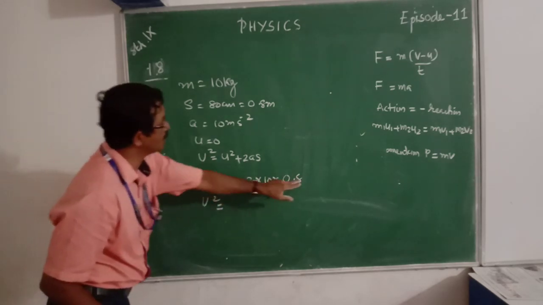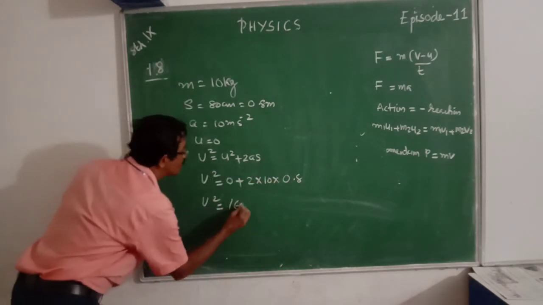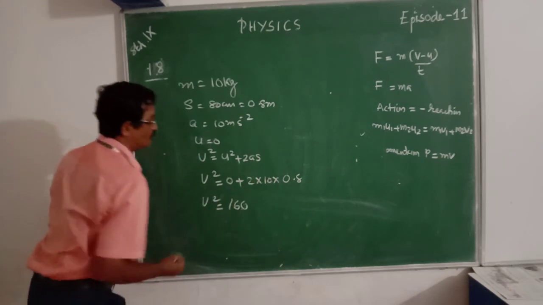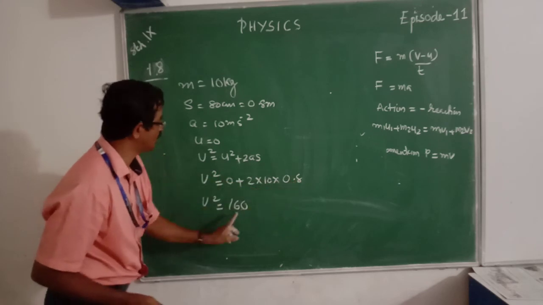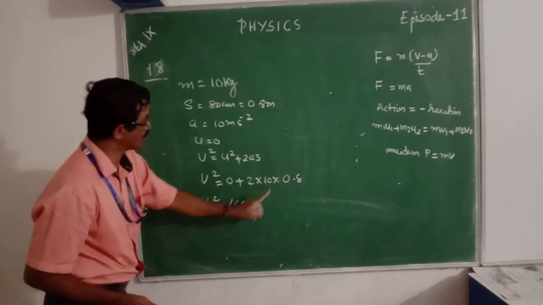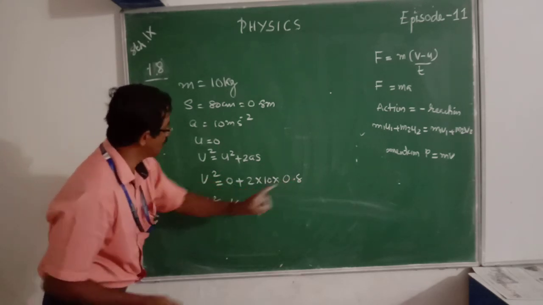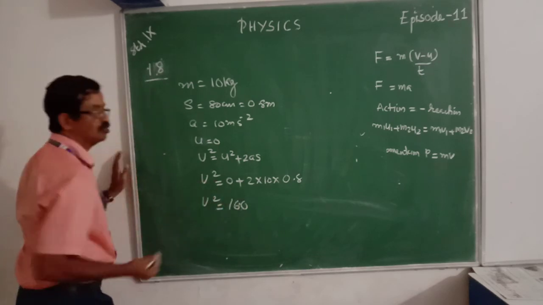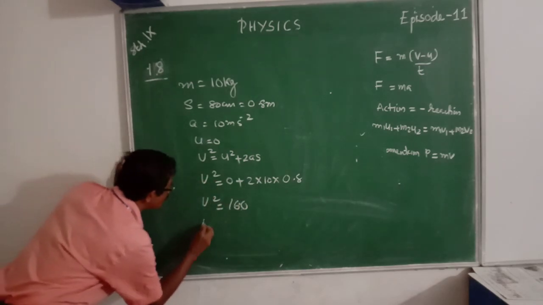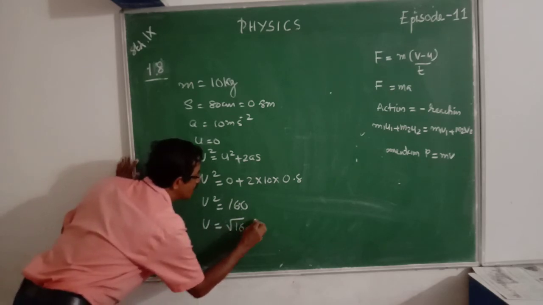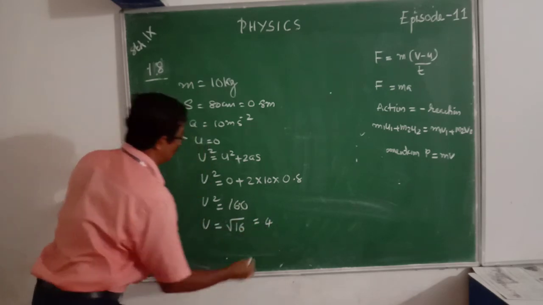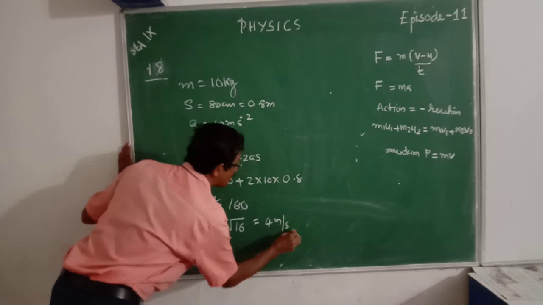Now 2 into 8 is 16, multiplied with 10, and putting the decimal, that is equal to 16. So v is equal to root of 16, that is equal to 4 meter per second.